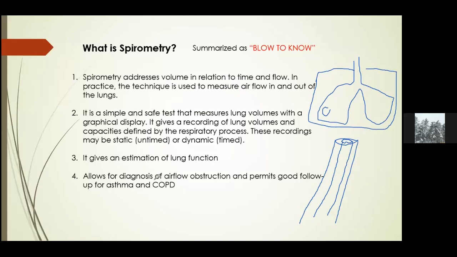You can also check for COPD, which is chronic obstructive pulmonary disease. A typical example is somebody with a long history of smoking, or you can have obstruction in the case of asthma. But together with number 4, it is also a good diagnosis for a restrictive disease.